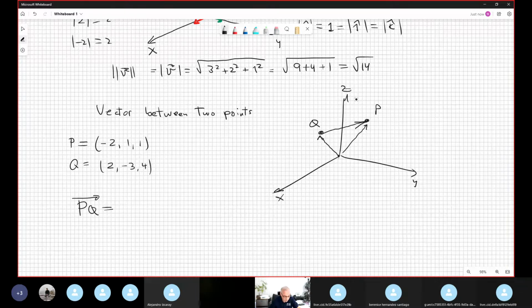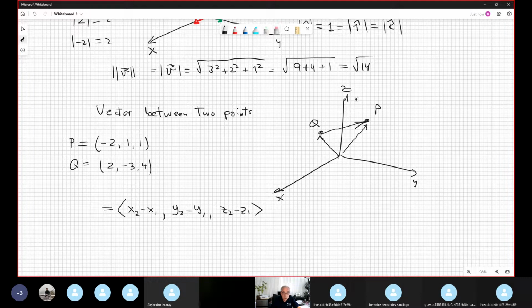It's super easy. What is the formula? The formula is subtracting: x2 minus x1, comma, y2 minus y1, comma, z2 minus z1. But who is z2, who is z1? If it's the vector in the direction QP, P is the arrow and Q is the tail. This is the confusing part.